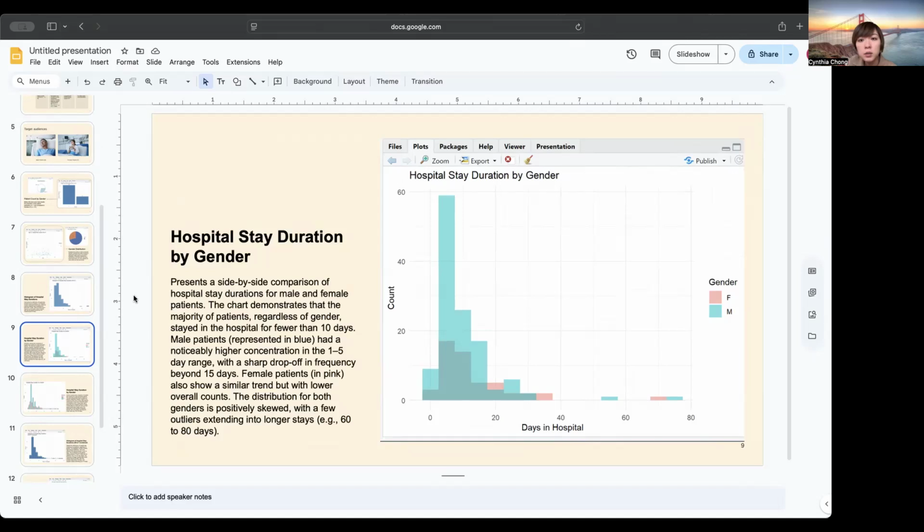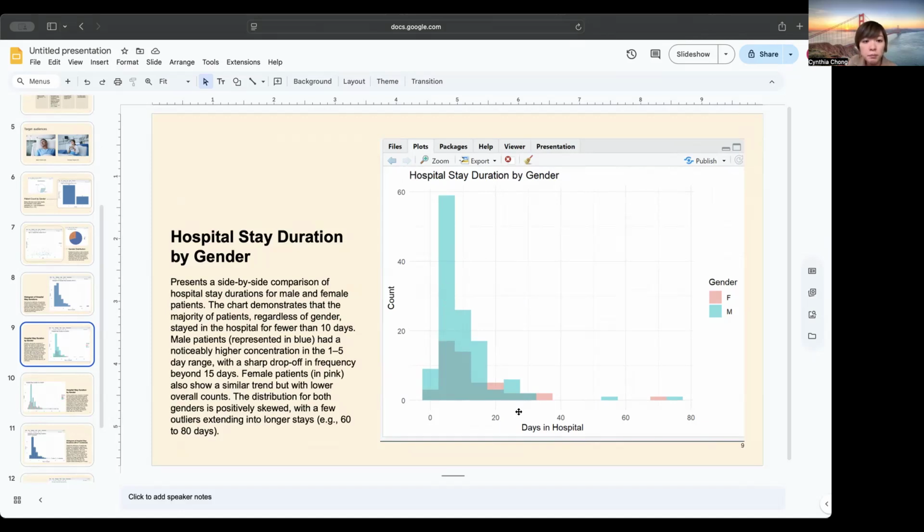When it comes to the bar chart of hospital stay duration by gender, you can see there is a lot more blue bar here, which represents the male population, and it presents a side-by-side comparison of hospital stay durations for both male and female patients. The chart demonstrates that the majority of patients, regardless of gender, stay in the hospital for fewer than 10 days if we combine them.